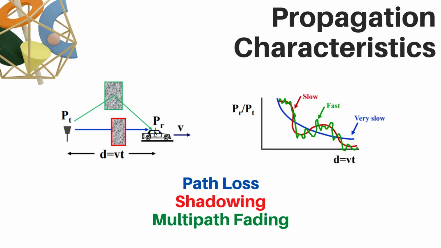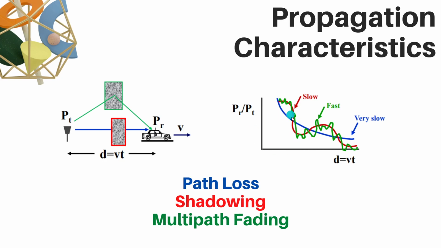The red graph shows a changing intensity of the power, and the last one is the green one. When there are many refractions due to, for example, buildings and walls, the received power experiences ripple effects, as shown in this green line.